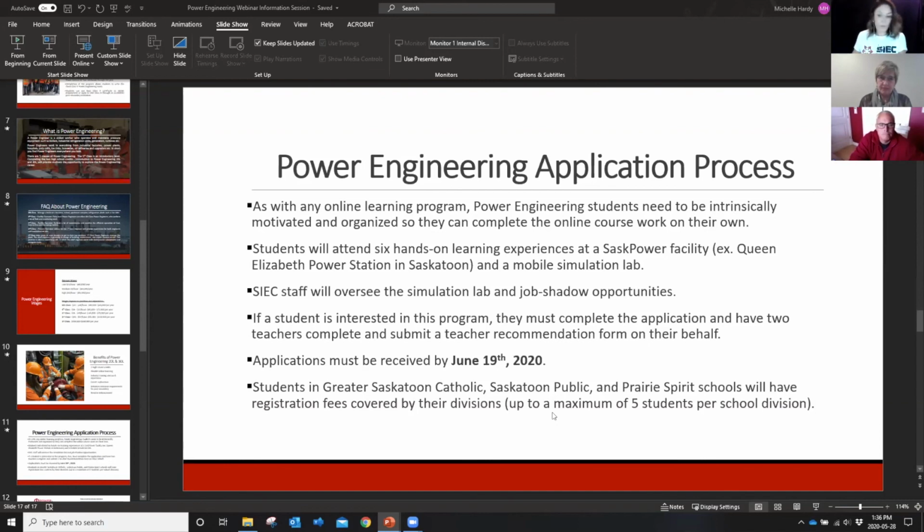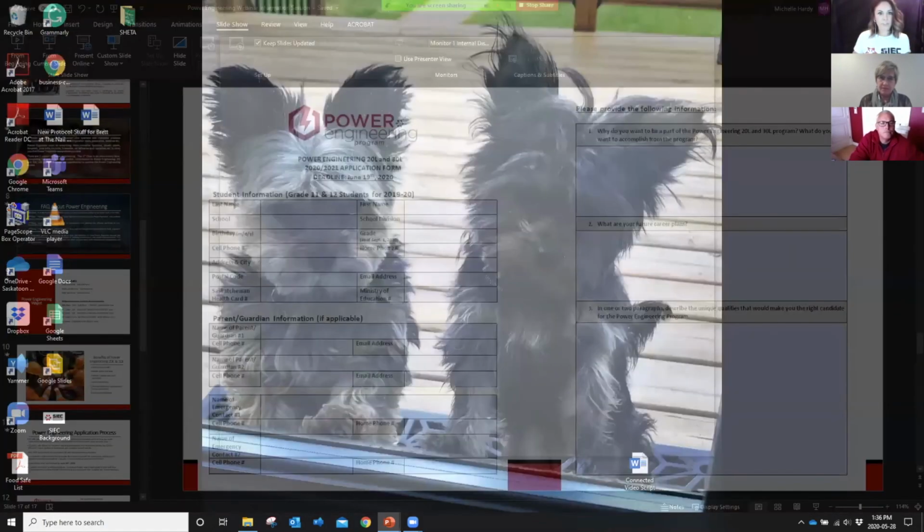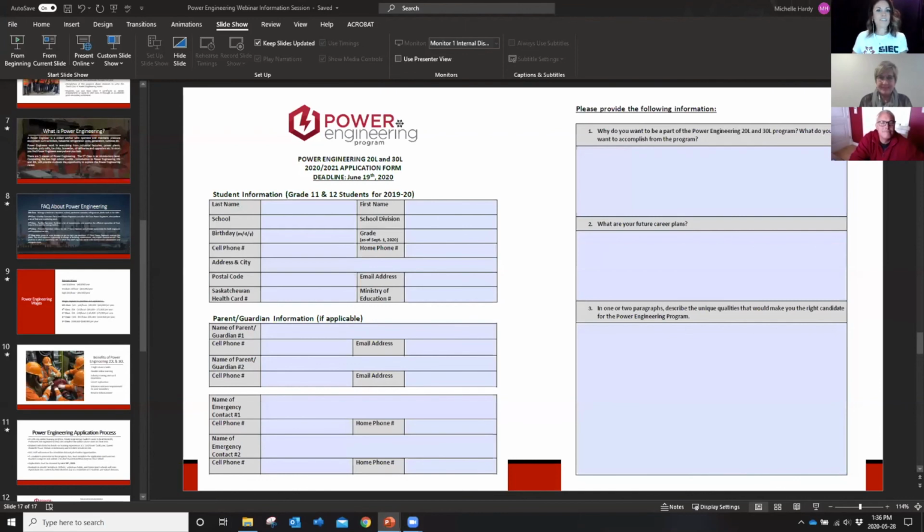And I will go through what the application looks like so that students have an idea. So our application itself is 3 pages. The first page is very straightforward, just information about the student, information about their parents or guardians, and some emergency contact information, because we like to have that when the students are working at the power plant.